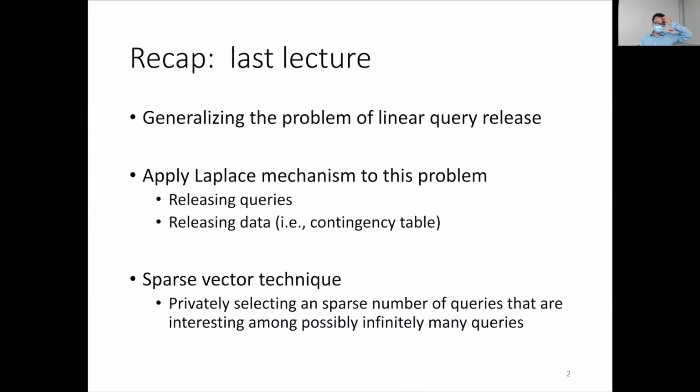So last time, one of the things that we did is to generalize the problem of linear query release from just outputting a linear combination of a bit vector into something that completely covers the statistical query family of problems.